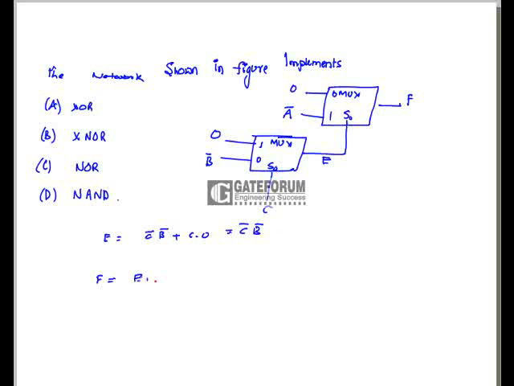Here E A bar plus E bar 0, which is E A bar, which is nothing but F equals A bar, B bar, C bar, which is A plus B C whole bar according to De Morgan's law. So this is a NOR gate, that is, option C is correct.